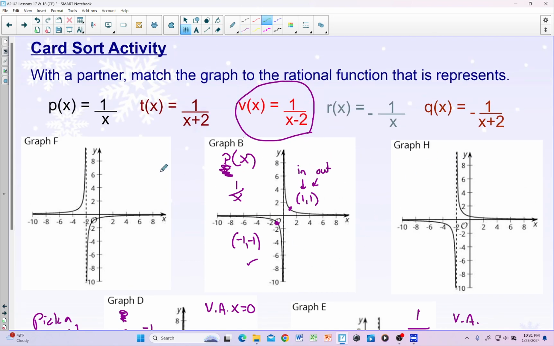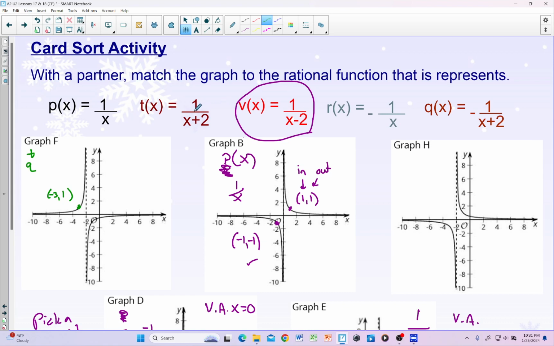Now we know that for F and H, this one's got to be T or Q. Let's pick a point. This point looks like it's negative 3, 1. Which function gives me an answer of 1?